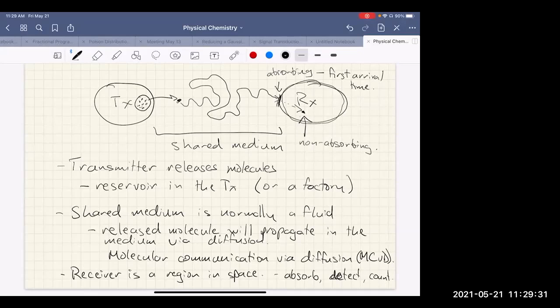But normally, when we talk about non-absorbing receivers, we talk about the count of molecules within the volume. So that's generally the two ways of doing it. So basically, you can have absorption. That usually goes hand in hand with detection in terms of first arrival time, or counting, which generally goes along with non-absorbing, and that basically means the count of the molecules within the volume.